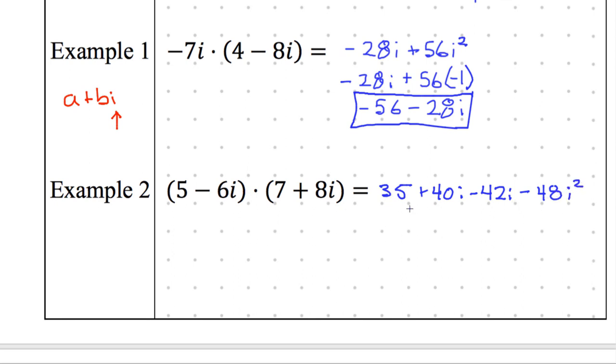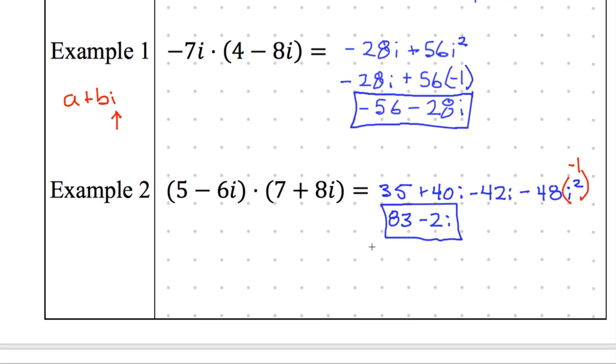Alright, so from here I need to get rid of that i squared. Remember, this i squared turns into a negative 1, so that's going to be a positive 48 there. So 48 plus 35 is 83, and then 40i minus 42i simplifies to negative 2i, and box my final answer.